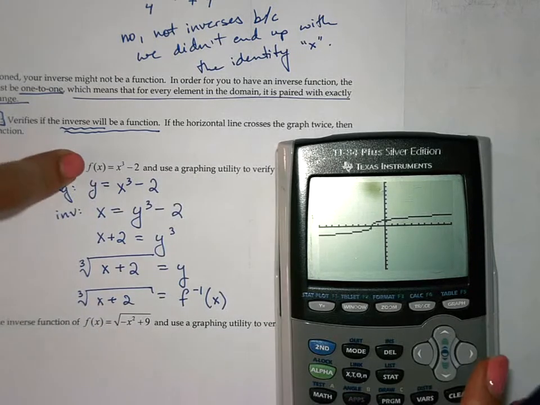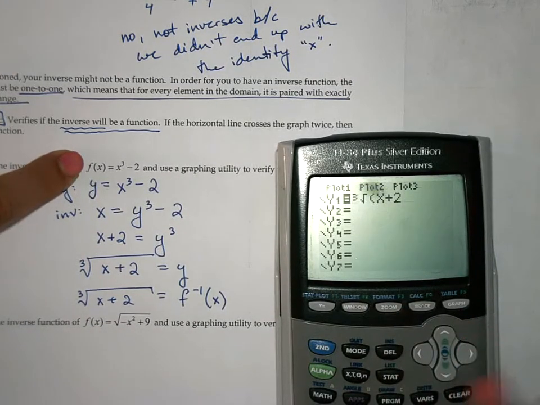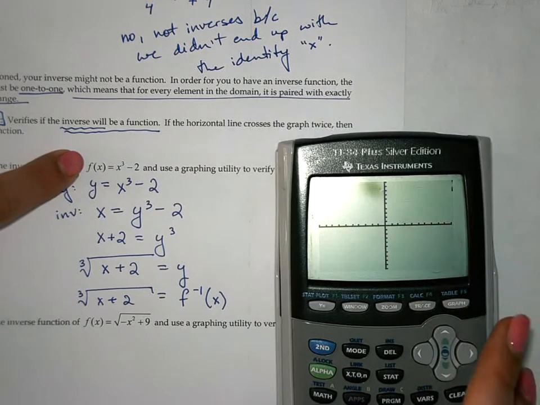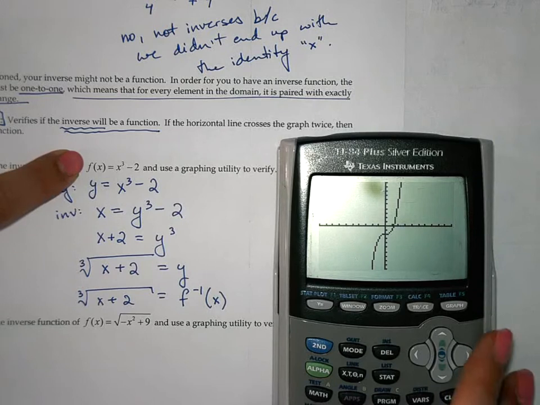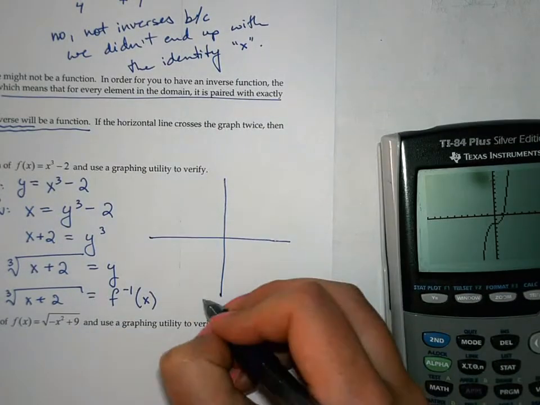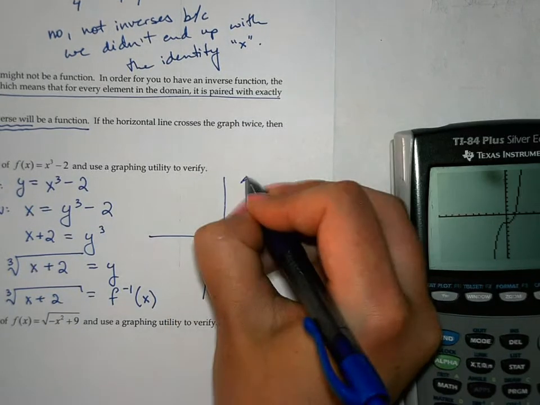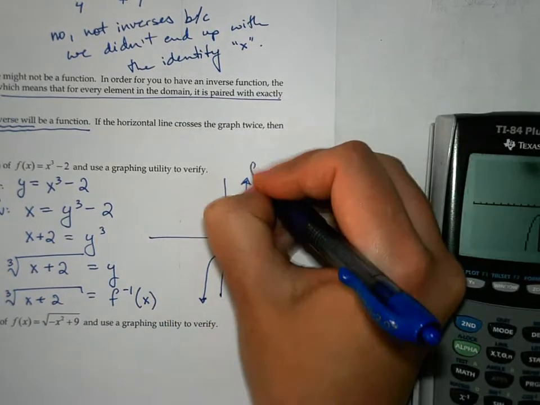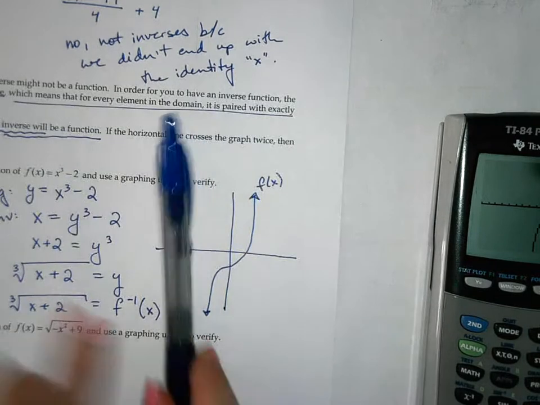So let's look at our graph for the original one up top here. Let's say x cubed minus 2. That's our graph for that. Just do a quick sketch over here. Okay. So this one is a function.